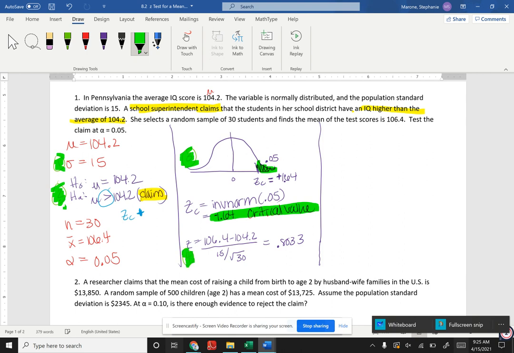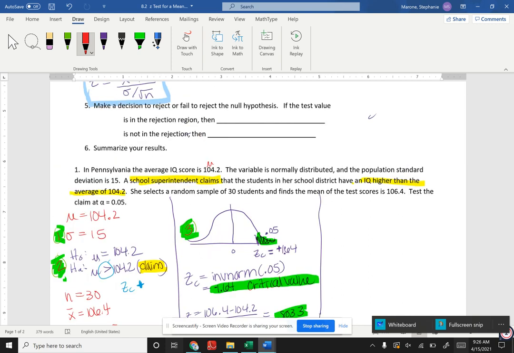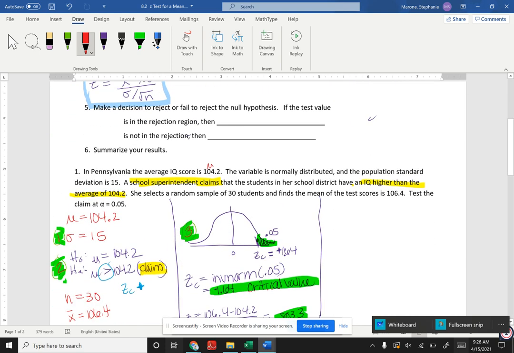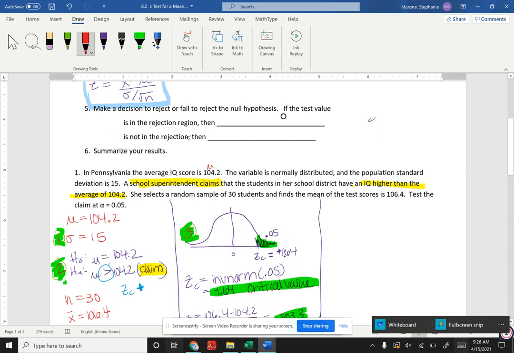Step 4 was to find the test statistic. Step 5, we make a decision. If the test stat is in the rejection region, then you reject the null hypothesis. If it's not, then you do not reject the null hypothesis.